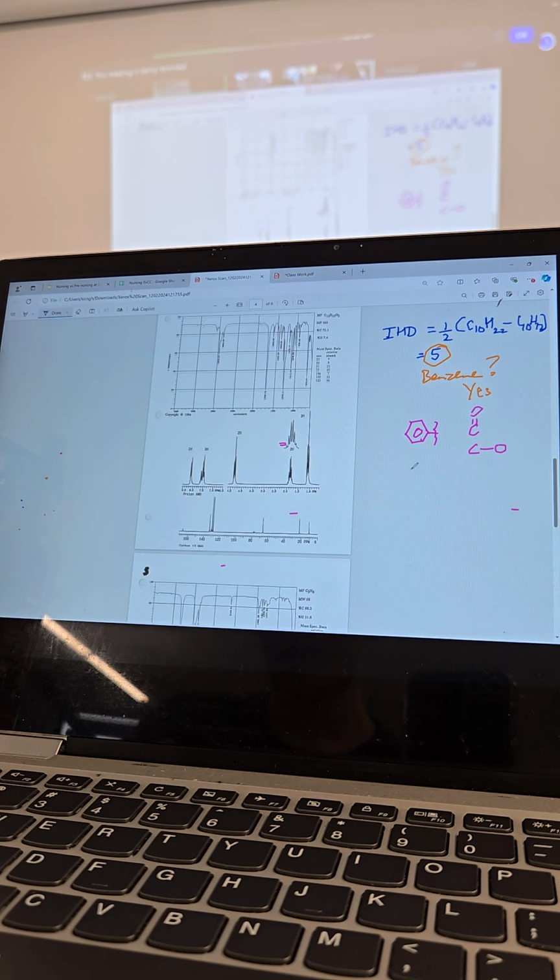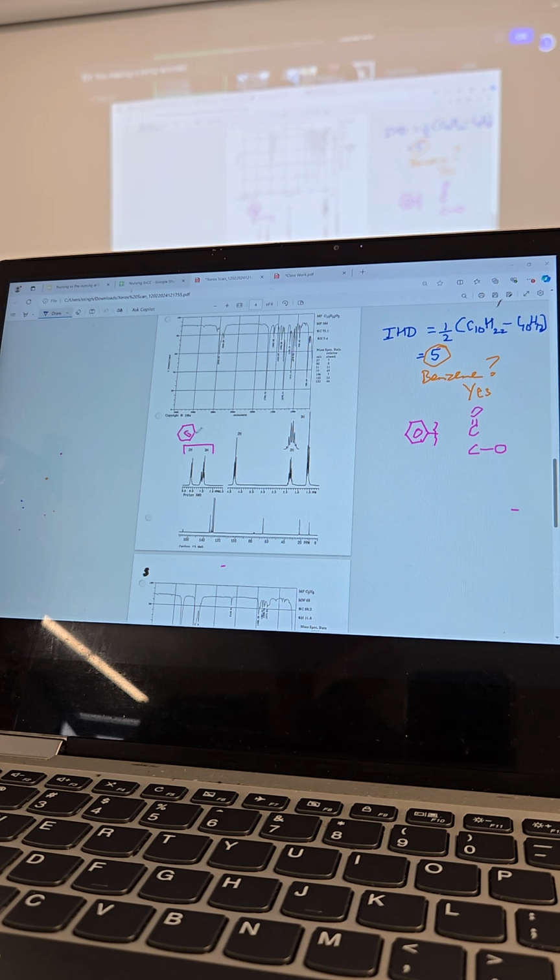What is that telling us? So first of all, going left to right, there's no reason why, but do we all agree these are explained because we have a monosubstituted benzene? Okay, now let's look at the other signals. We have a signal for 3 hydrogens, that's probably a methyl of some kind.